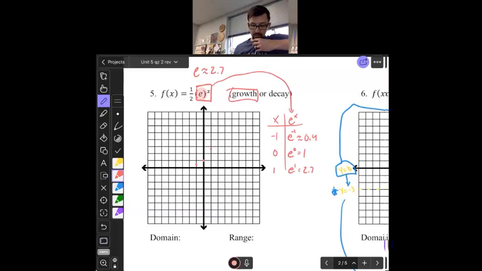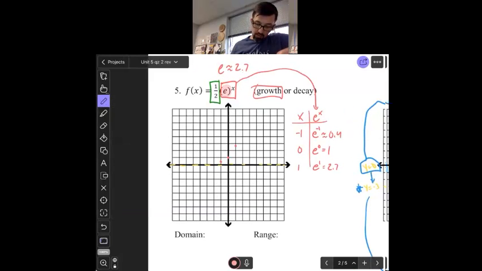Okay. The asymptote is supposed to be at 0. Right? Is it going to stay there? Last time it moved on us. Well, what's happening here? Vertical compression, a vertical shrink. Okay, that's not a shift up or down. So that means our asymptote will stay at 0.